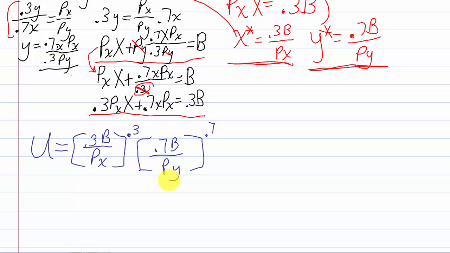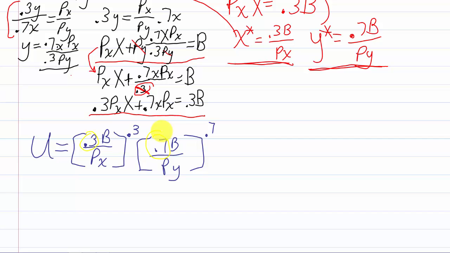And now what we want to do is figure out how we can simplify this a little bit. And there are a few ways that we could go here to simplify it, but what I usually do is just leave the b and the px and the b and the py inside parentheses raised to the 0.3 and raised to the 0.7. And all I usually do is pull out the 0.3, these constants, and the 0.7, and put them out front here.